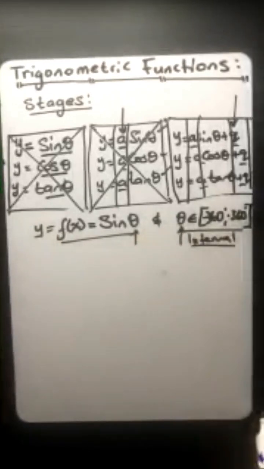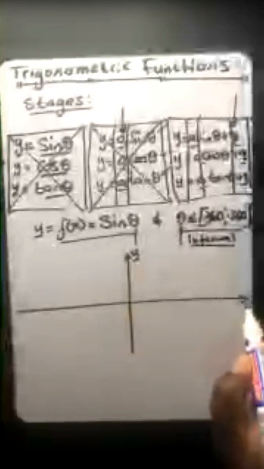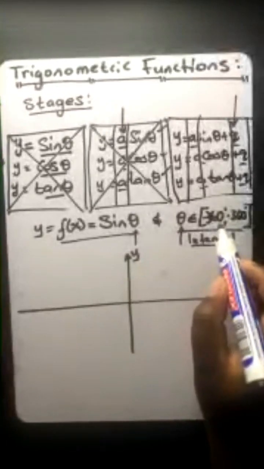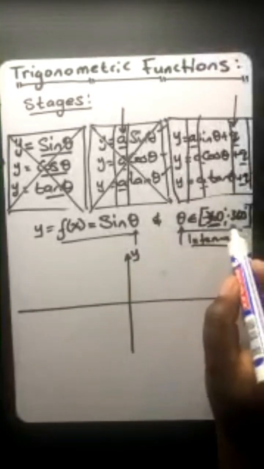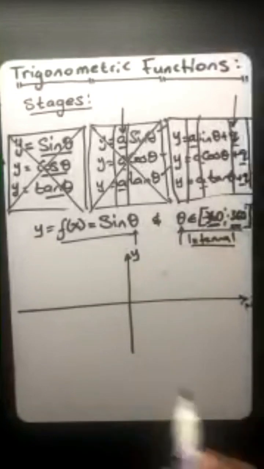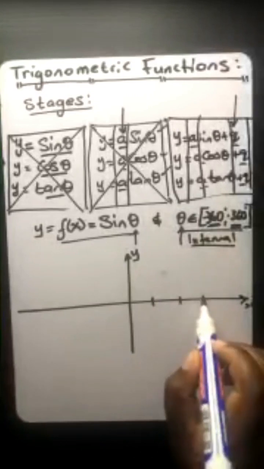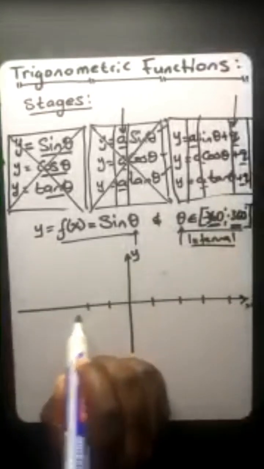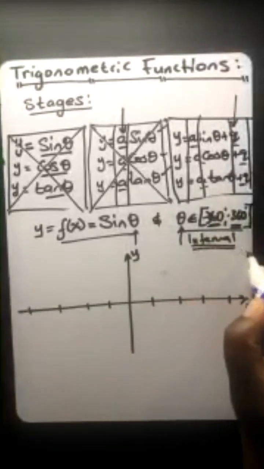What is an interval? They are saying, as you sketch that function f, from the negative side of the angles, start from negative 360 and go to positive 360, meaning let's say you are having 90 there, 180, 270. Here it must be 360. That means here negative 90, negative 180, negative 270, negative 360. That is what that interval means.